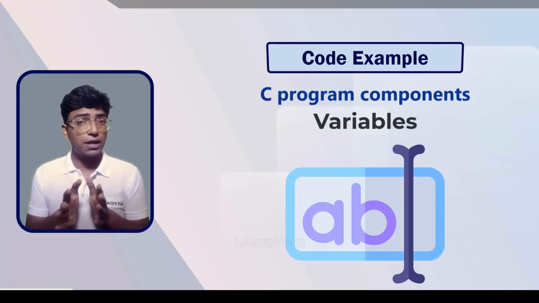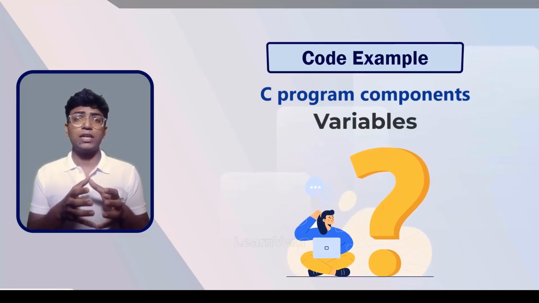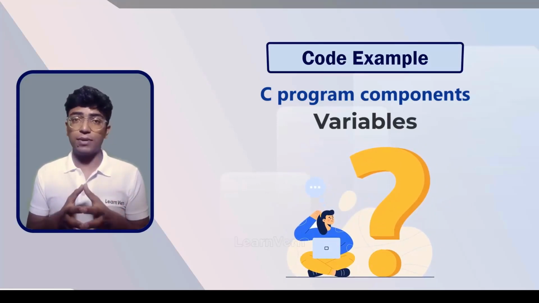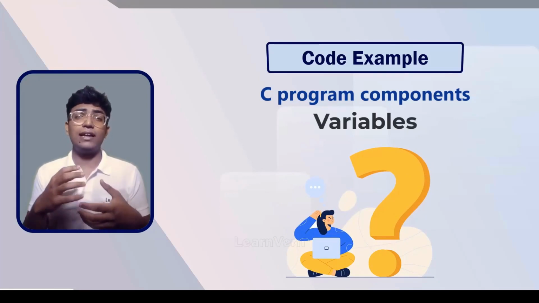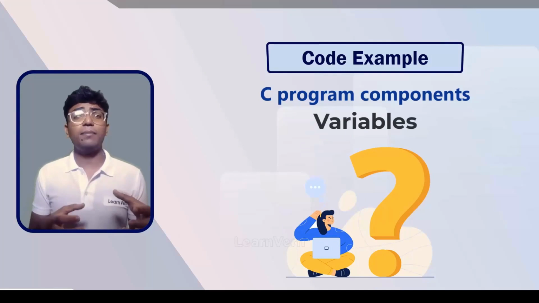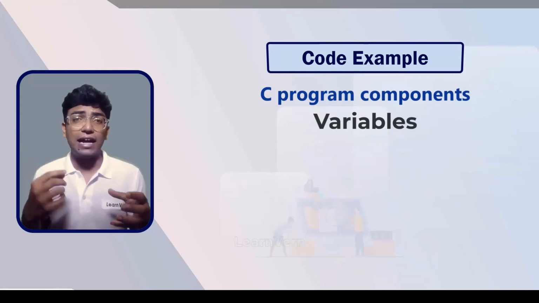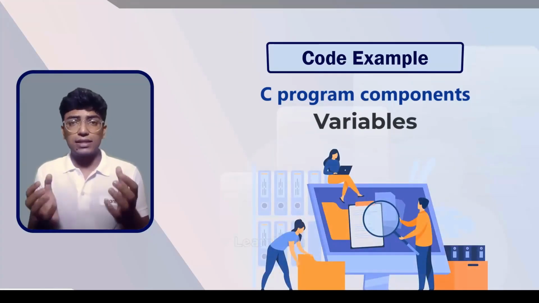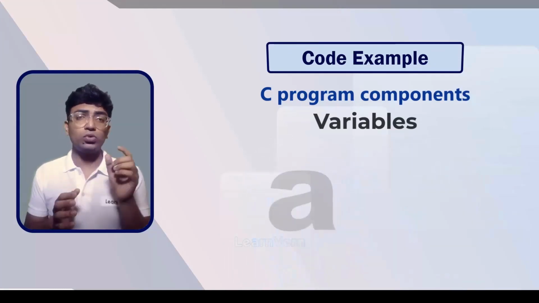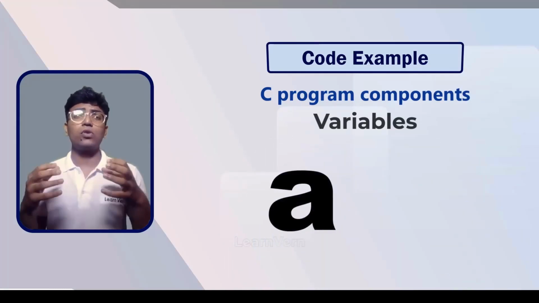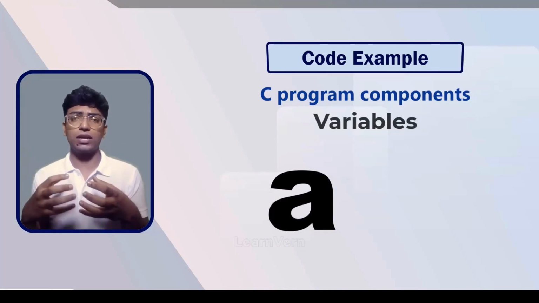What is the work of these variables? A variable works similar to its name. Variable means its value keeps varying. There are changes in the values. In the variable, we basically store a value. I will take an example. I have taken a variable in my program and its name is A. In this A, I have stored some values.